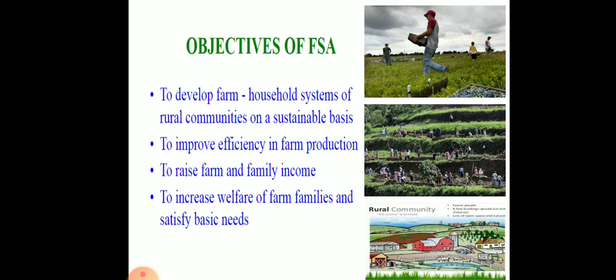So the objective of FSA or the farming system approach is to develop the farm household system of a rural community on a sustainable basis. Kasi nga sa rural community natin matatagpuan ang mga farms and household system in the Philippines. It was published that the farmers are one of the poorest communities.